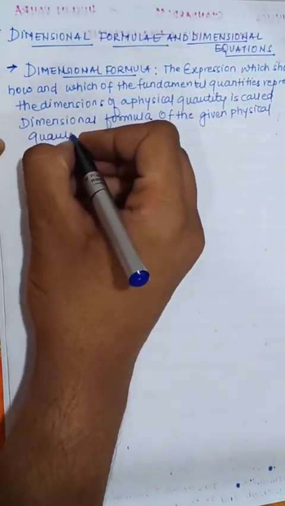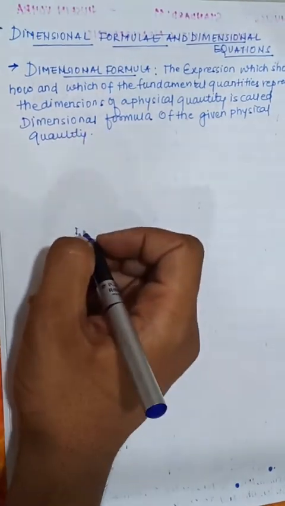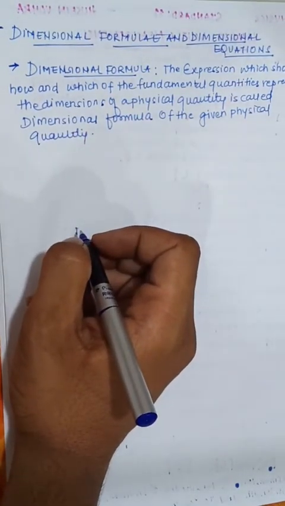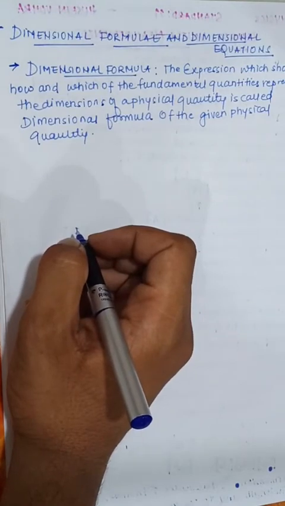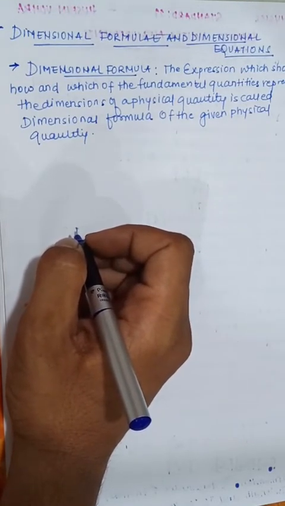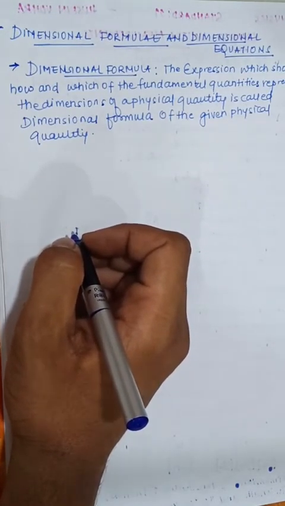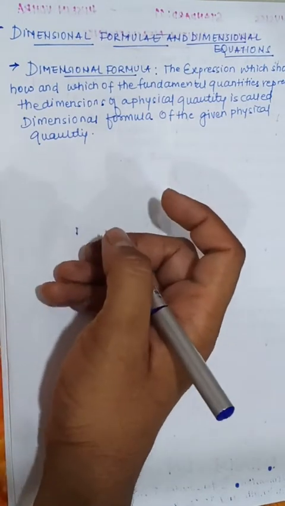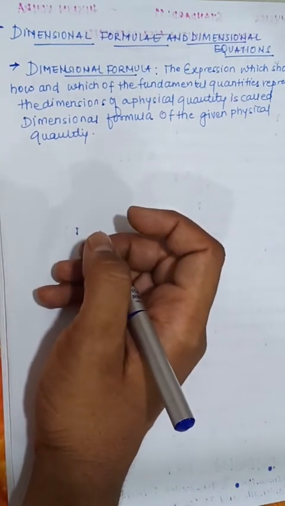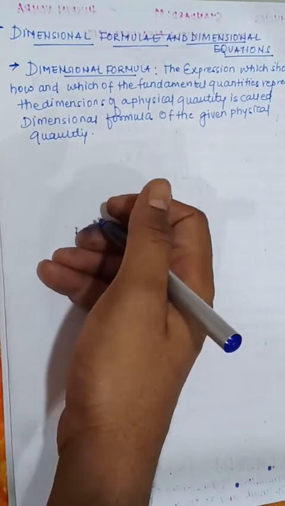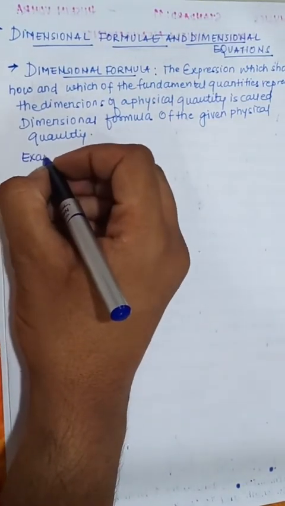Hope it is cleared. It is saying that the expression which shows how many of the quantities are being related in order to define the physical quantity, and which of the fundamental quantities and how much to the power are representing the given quantity, will give you the dimensions of the physical quantity. Clear? Example, we can take volume.